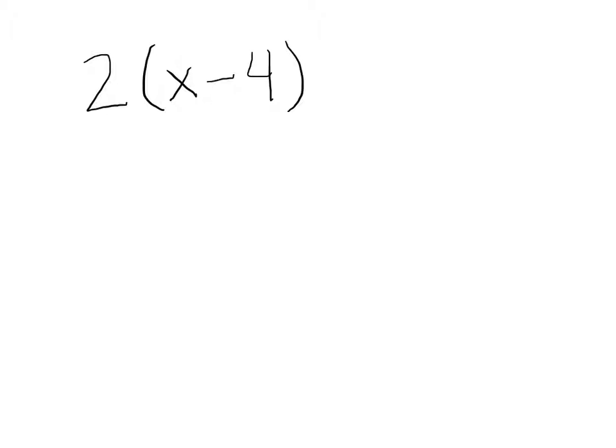This is 2 times the quantity x minus 4. If we use the distributive property, we can see that it is 2 times x and 2 times negative 4, which is negative 8. So 2x minus 8 is the same as 2 times the quantity x minus 4.